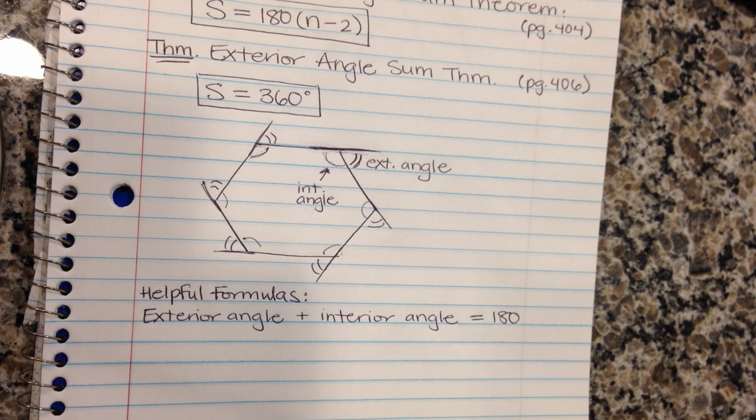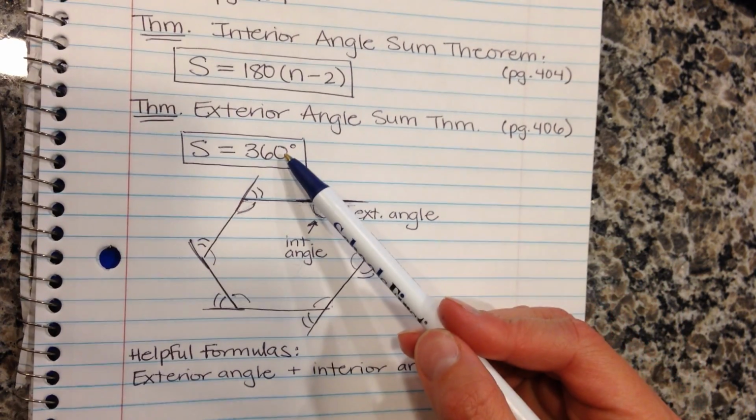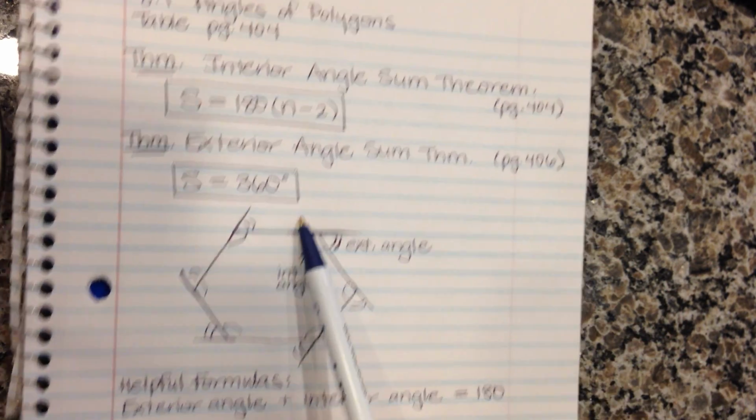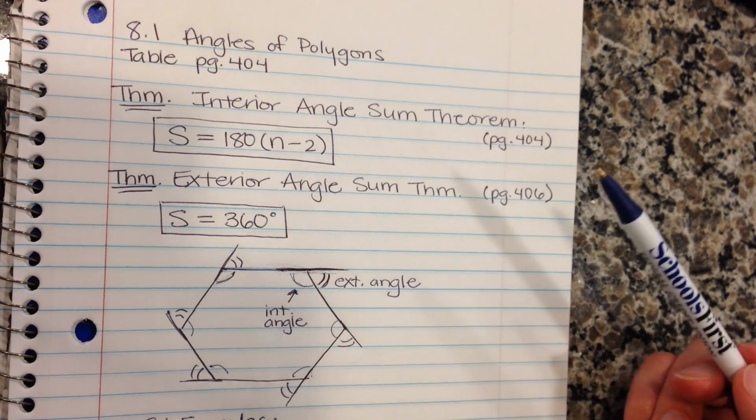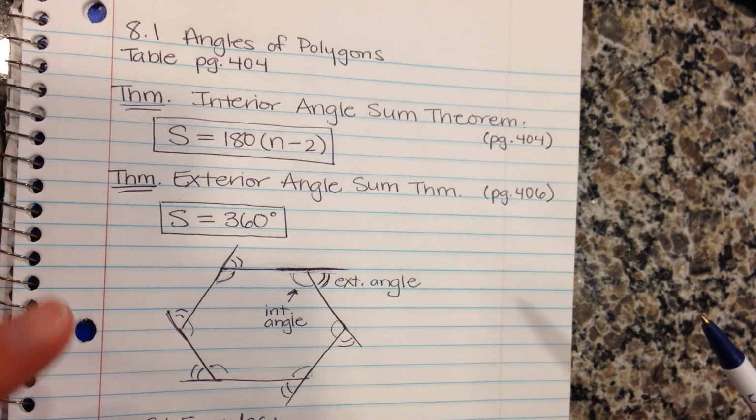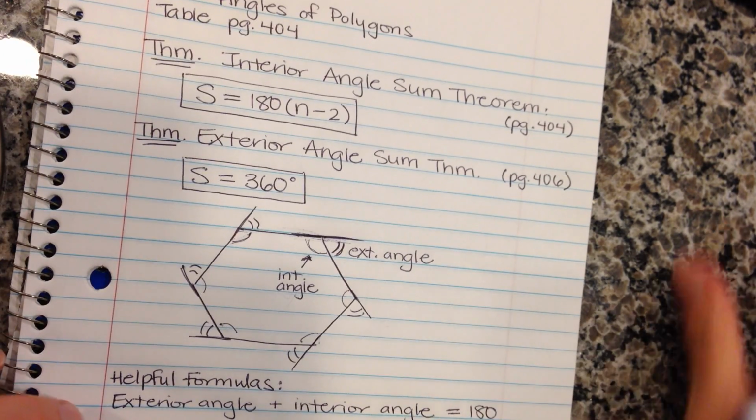Okay, now the next thing is, because they add up to 180 degrees, let's look at the formula for just finding one interior angle, because these two formulas right here give us the sum, but what if I just want to find one interior angle and one exterior angle?